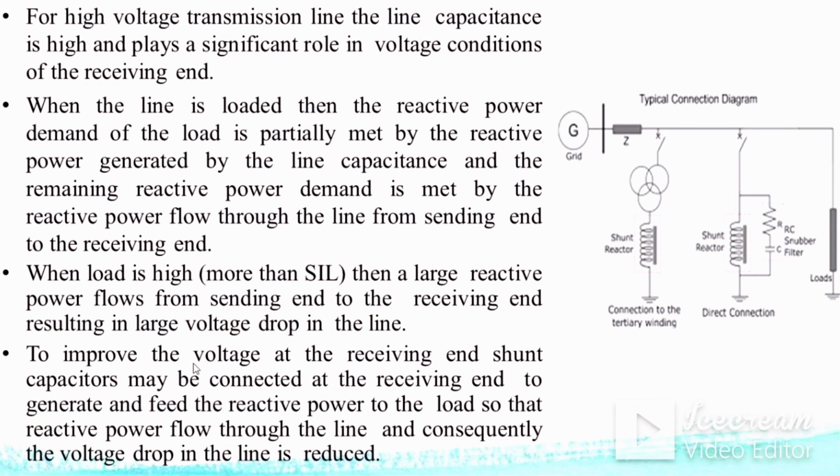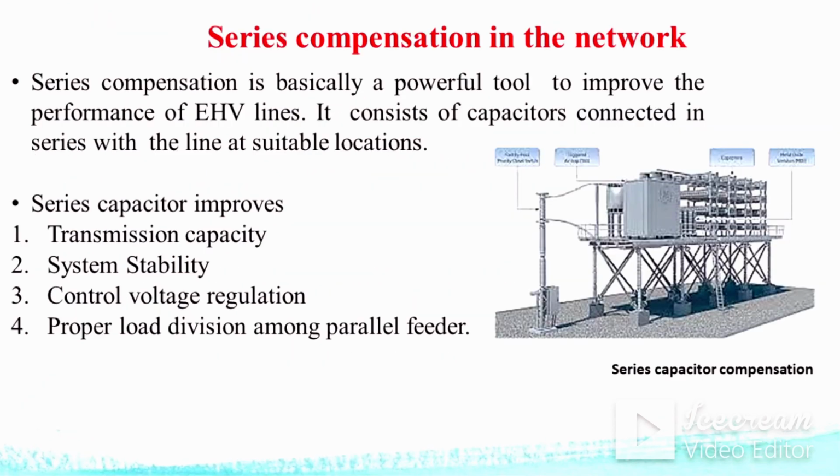So in order to improve this voltage at the receiving end, shunt capacitors are connected at the receiving end, and thus they generate the reactive power and compensate for the lagging reactive power. This feeds the reactive power to the load so that the reactive power flow through the line, and consequently the voltage drop in the line, is reduced.